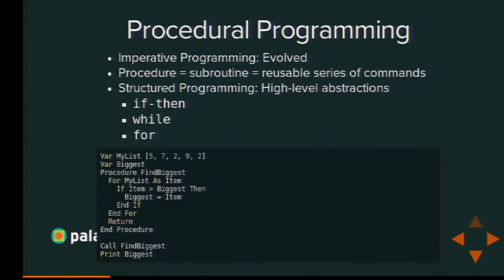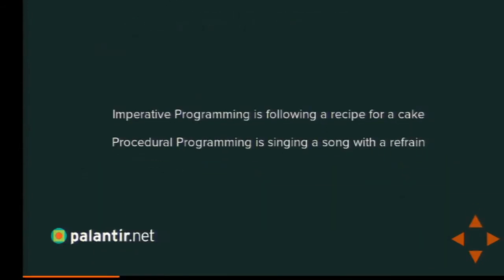That's a procedural program. I don't think this is an actual language, although it might be close to one of the early languages. But notice, we are manipulating state. We are changing values as we go. Essentially, it's like singing a song with a refrain, where you can repeat the chorus over and over again. It's reusable. You can just reference it. But you're still singing one line after another, after another, after another.